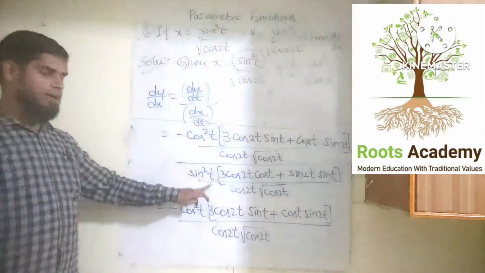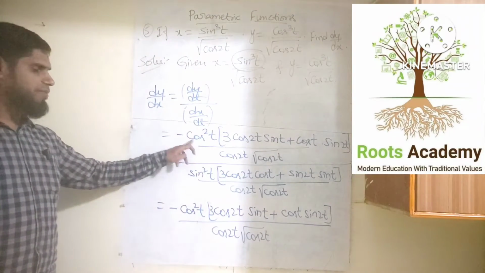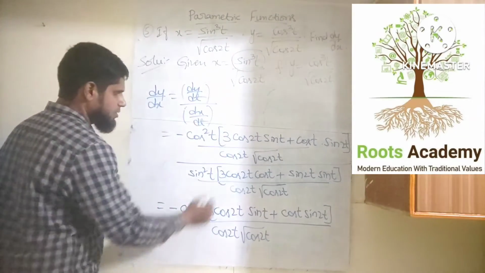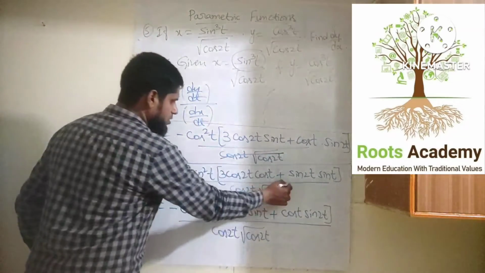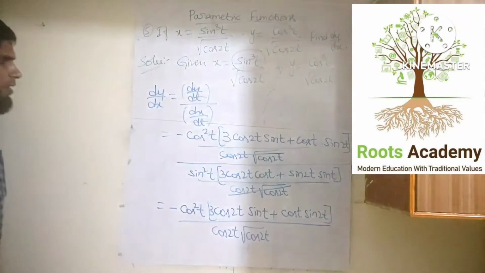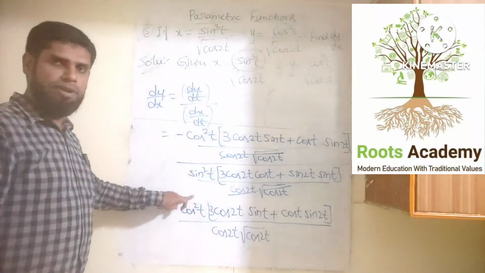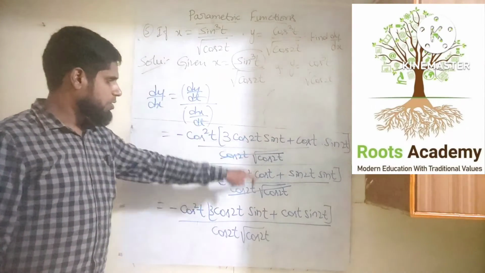This is the value of dx by dt and this is the value of dy by dt. So the final dy by dx is, this denominator cancels with this one. Now here cos square by sin square, the square will come, so minus the square into this.